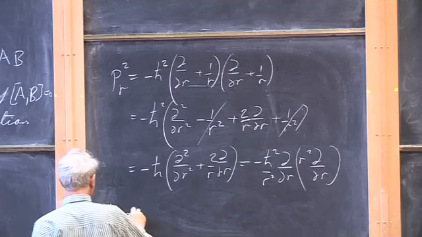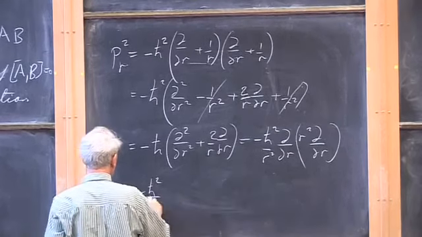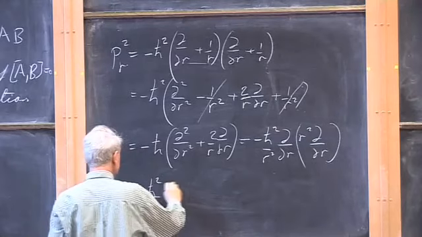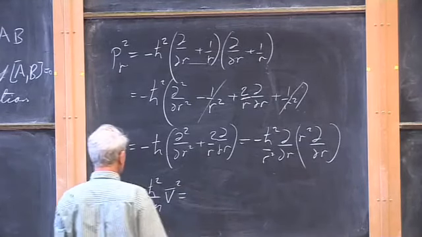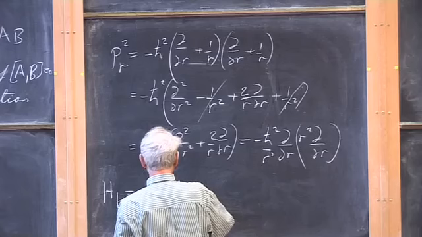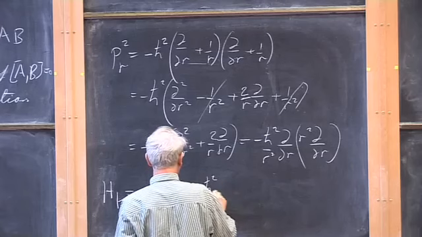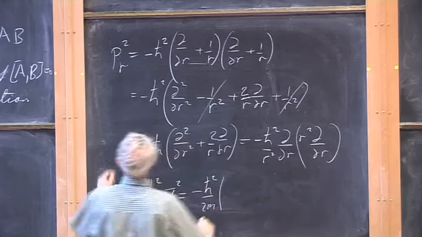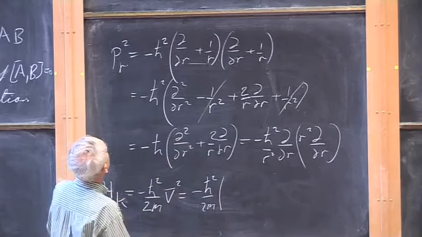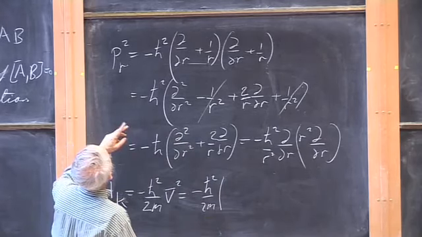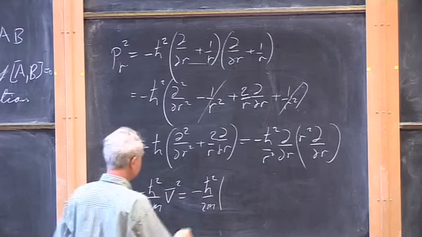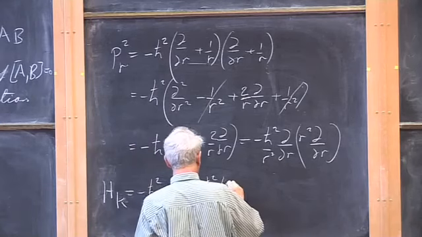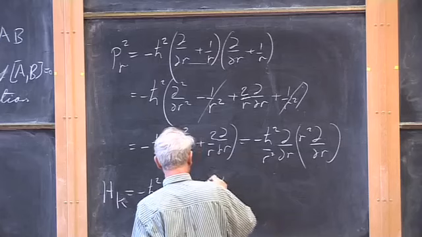The kinetic energy operator, which is minus h bar squared over 2m del squared, is also minus h bar squared over 2m of, well, let's leave that outside.